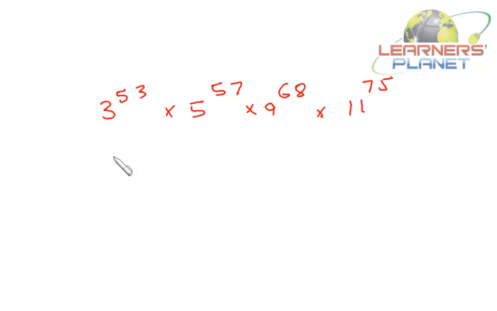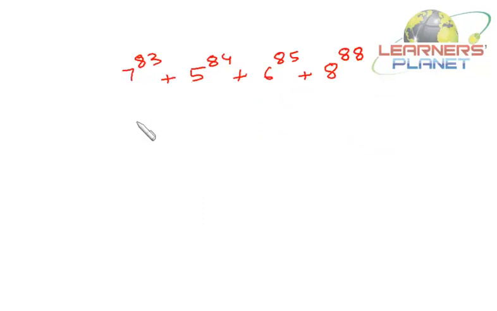Doesn't matter how big the number is. In this case, there is no even number. All the numbers will be odd numbers. If we calculate 3 raised to 53, it will produce an odd number. If we calculate 9 raised to 68, it will produce an odd number. And if we calculate 11 raised to 75, it will also produce an odd number. So if any odd number is multiplied by 5, it will produce 5 at the units place. So further, no need to calculate.